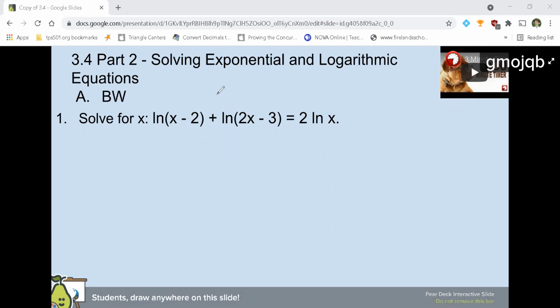On the left side, you can use the product rule to add two logarithms together to make one logarithm where the two values are multiplied. So you get natural log of x minus 2 times 2x minus 3. On the right side, to make this just a logarithm, we're going to use the power rule. You're going to take that 2 and you're going to make it a power.